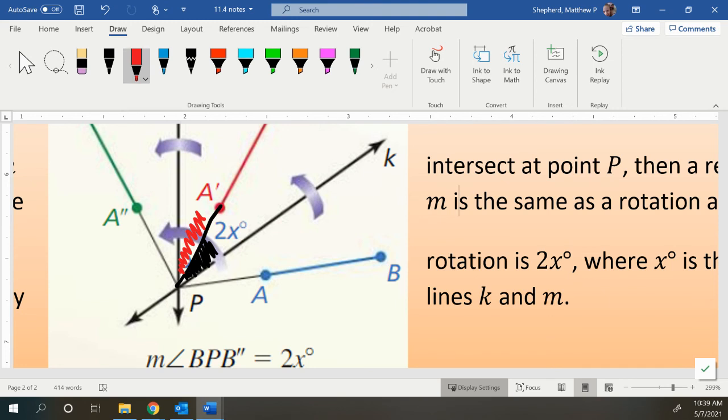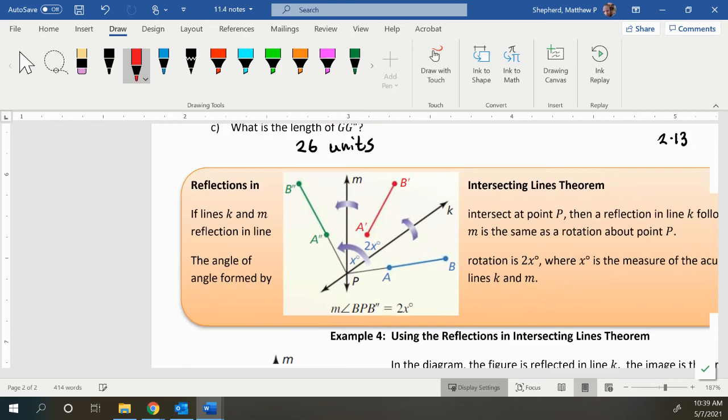We don't know what those two angles are, but we do know that because this was a reflection, then over here that black angle will have repeated again. So we've doubled that part of it. And over here we're doubling that angle as well. So in order to know the full angle of the rotation, it's just double whatever the angle in between the lines had been.